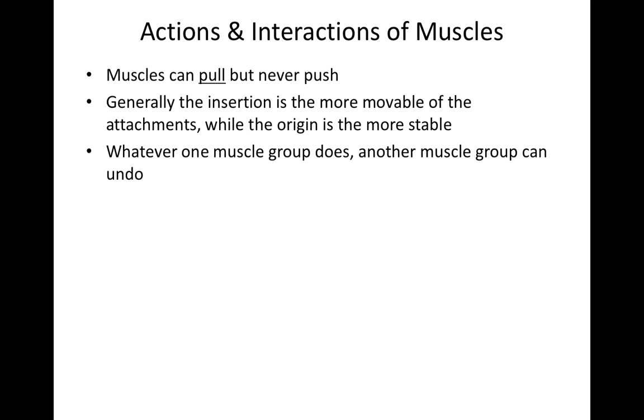Another thing to think about is that oftentimes people tend to think of extension as simply the absence of flexion. If you are standing in correct anatomical position, pretty much everything is extended. That's because those muscles are contracting and pulling on those bones. It's not because you're simply not flexing, okay?